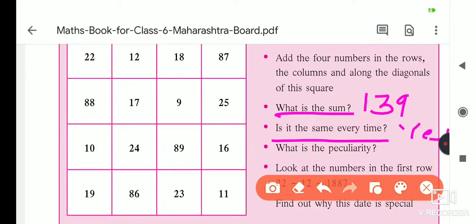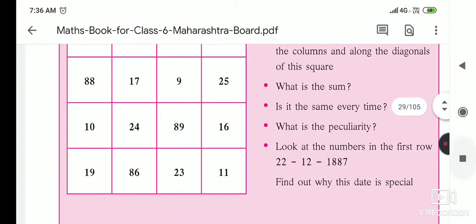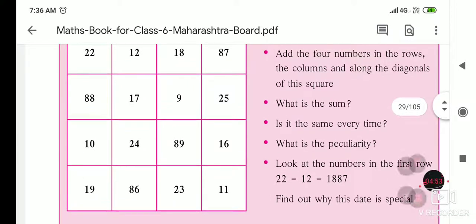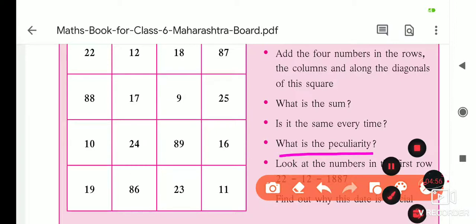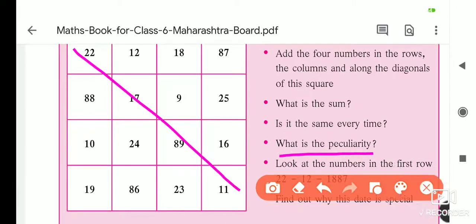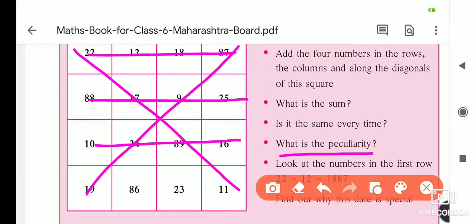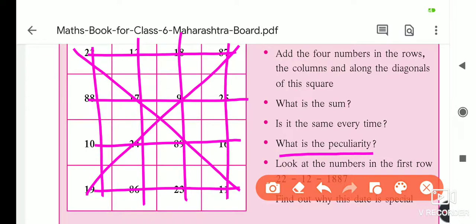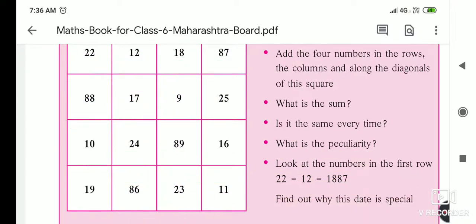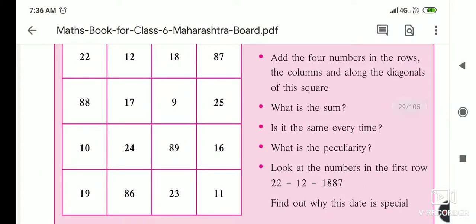Look at the peculiarity: every time we add the numbers vertically, horizontally or diagonally, the sum is the same. Horizontal addition is the same, vertical addition is also the same. So this magic square was made by Dr. Srinivasa Ramanujan, a great mathematician.